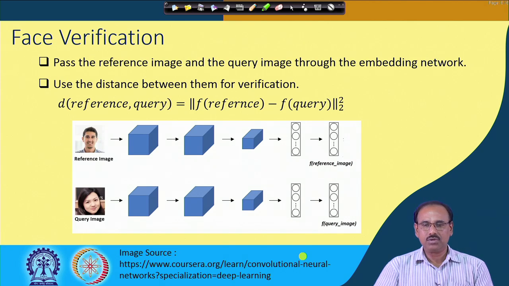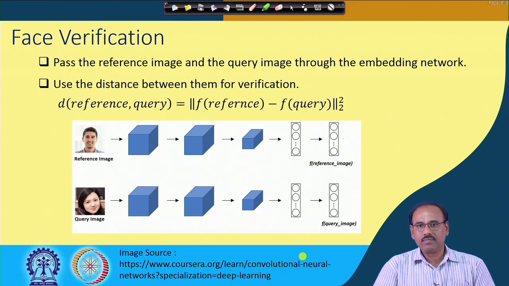So that becomes your classification or recognition problem. In the same manner, we can also cluster face images in that embedding space. That is, all the embedded vectors which are very close to each other form one cluster, and those which are not close become part of different clusters.